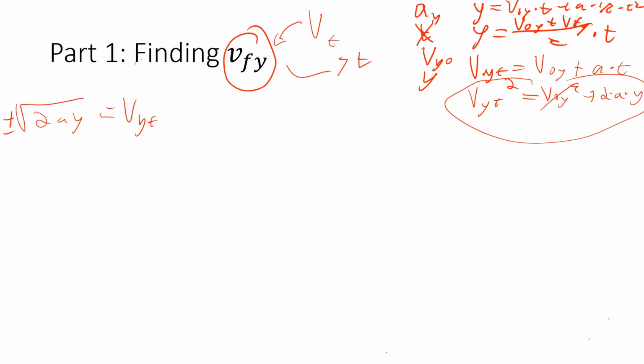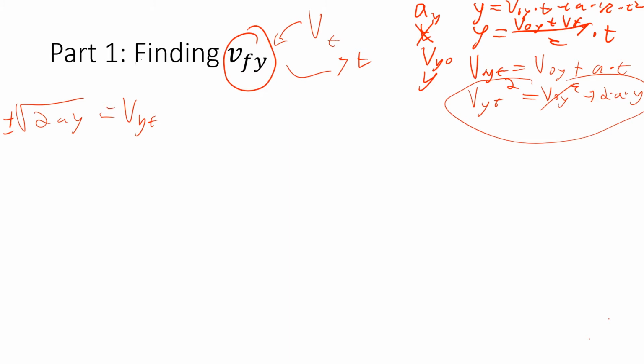Well, whenever we do square roots like that, it's usually a good idea to do plus or minus and then decide at the end which it should be. Since the acceleration, which is gravity, is negative, we know that the final velocity should be negative. So let's plug in some values to this.